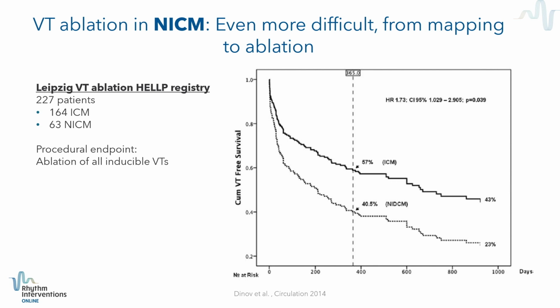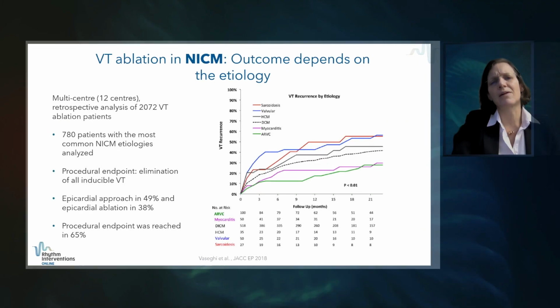And if you look at the non-ischemic VT, and I think this is still a landmark study from the Leipzig group in the HELP register, you can see that non-ischemic cardiomyopathy is even worse. So what about these non-ischemic cardiomyopathies?